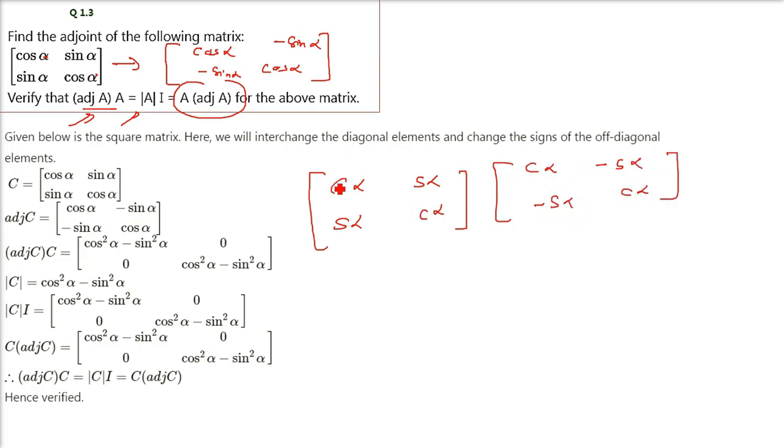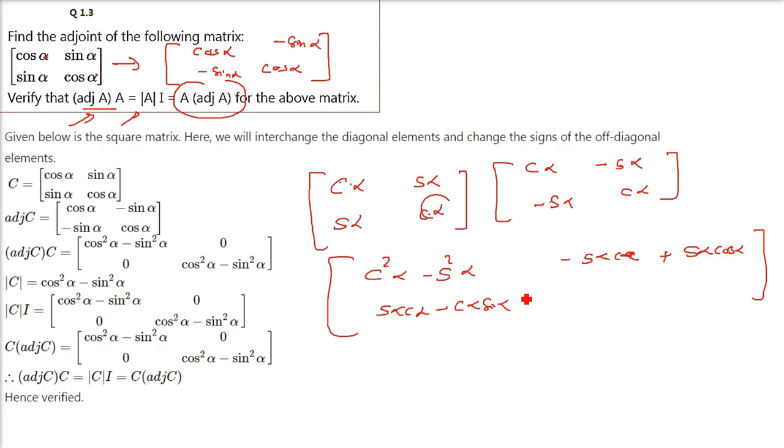Okay. Multiply, cos alpha is cos square alpha. This is minus sin square alpha. Then we have cos alpha minus sin alpha is minus sin alpha cos alpha. And then we have sin alpha cos alpha plus sin alpha cos alpha. Okay. Now second row, first column, sin alpha cos alpha and minus sin alpha cos alpha, minus sin alpha cos alpha.